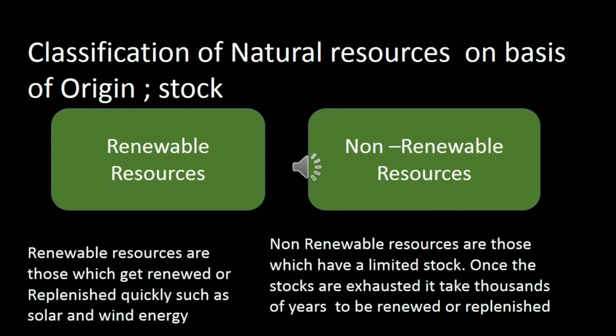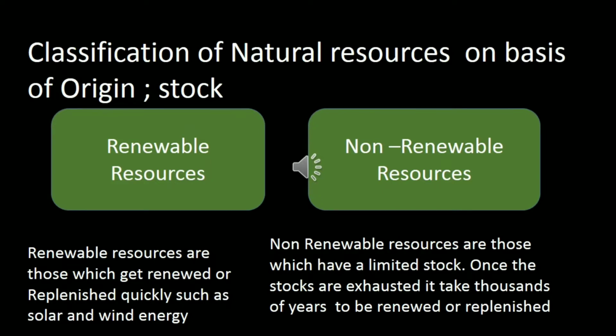Renewable resources are those which get renewed or replenished quickly, such as solar and wind energy. That means we can get them easily and quickly. But non-renewable resources are those having a limited stock.